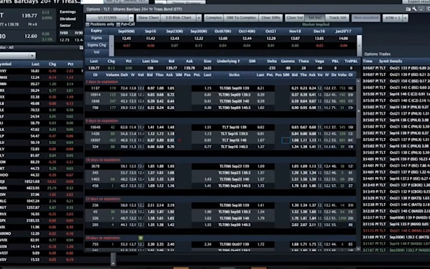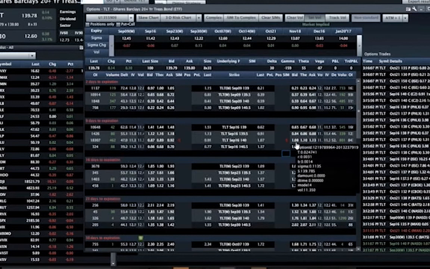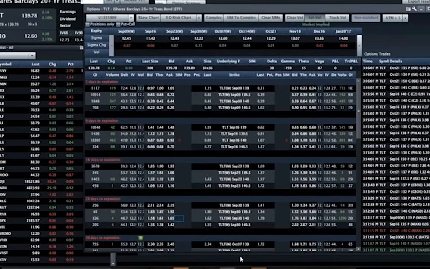So if I sell the September 140 straddle at $2, and I buy the September 30 for $340 or $342, I pay for that calendar twice.